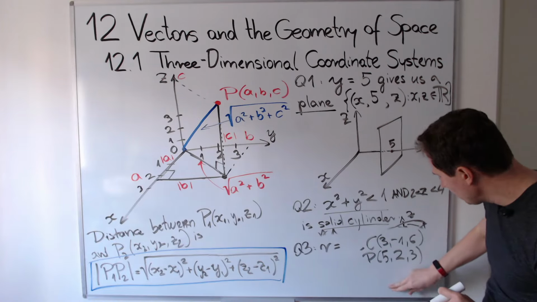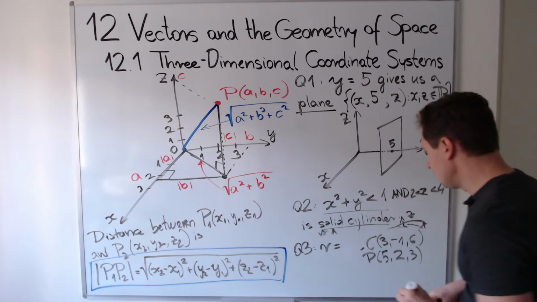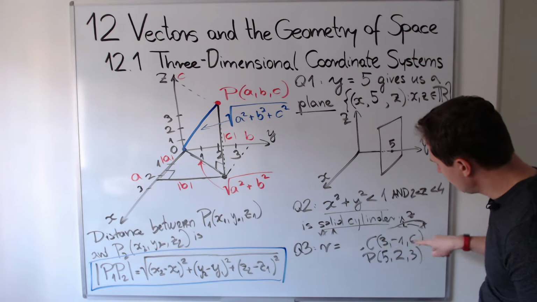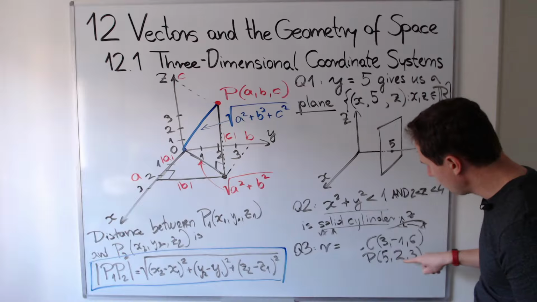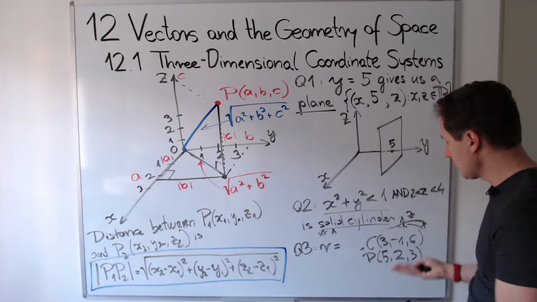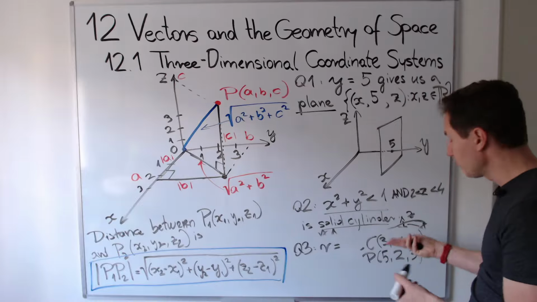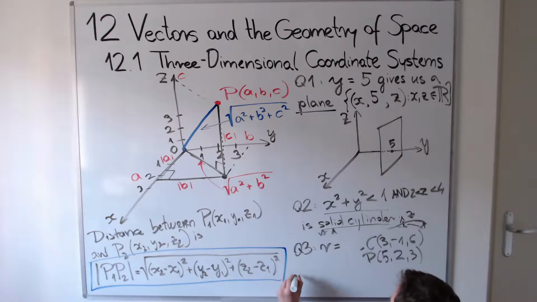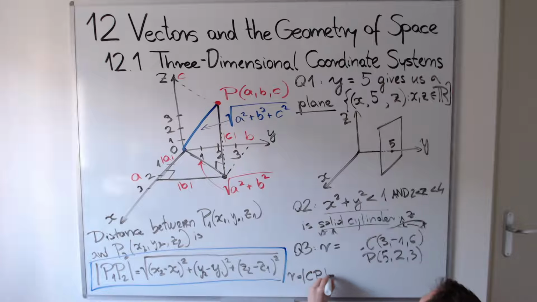Okay, I hope you paused it. Since the sphere is centered at this point and passes through that point, the radius is just the distance between those two points. So the radius is just the distance of C and P, and if you look at that formula, we have to take the square root of the squared sum of coordinate differences.